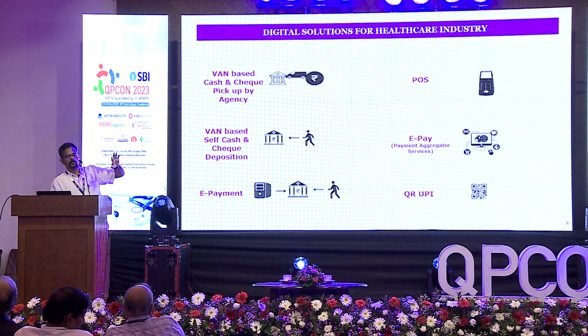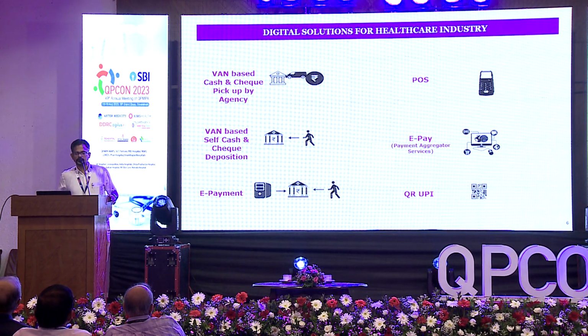So if a virtual account number is provided to each section, for the laboratory, the pharmacy and the registration, you can monitor where the cash comes from, and you can streamline the transactions from the various ends. And other things I have already described: POS machines for the inward transactions, and ePay.